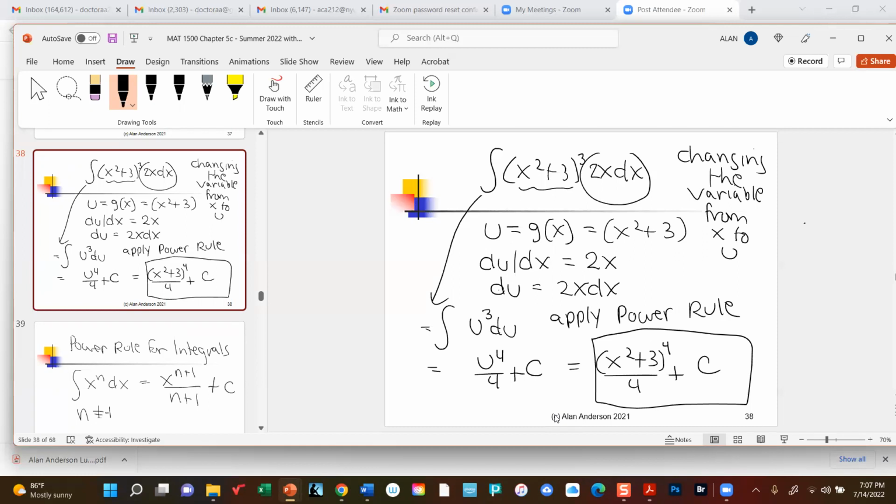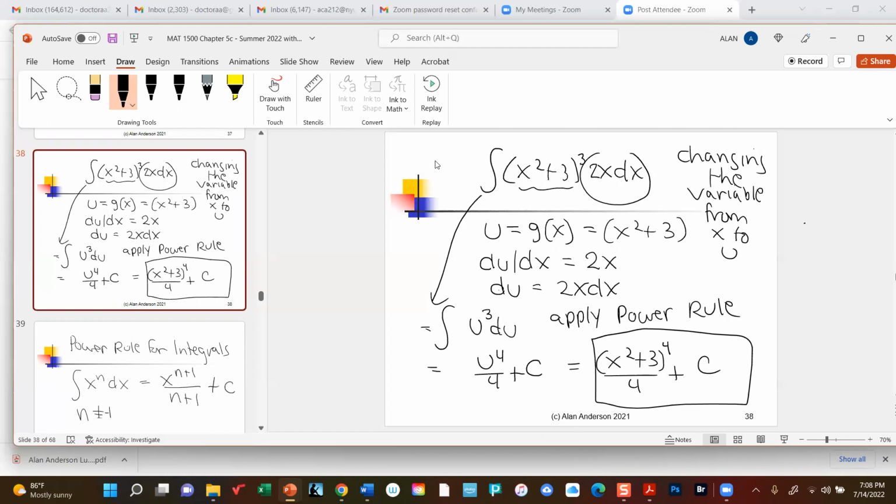Luckily, though, all we have to do is take our choice of u, x squared plus 3, and plug it back into this formula. And you can see the final result is x squared plus 3 to the 4th over 4 plus c. So we've kind of danced around this problem. We made it into something simpler, which is much easier to integrate by changing the variables in the problem.